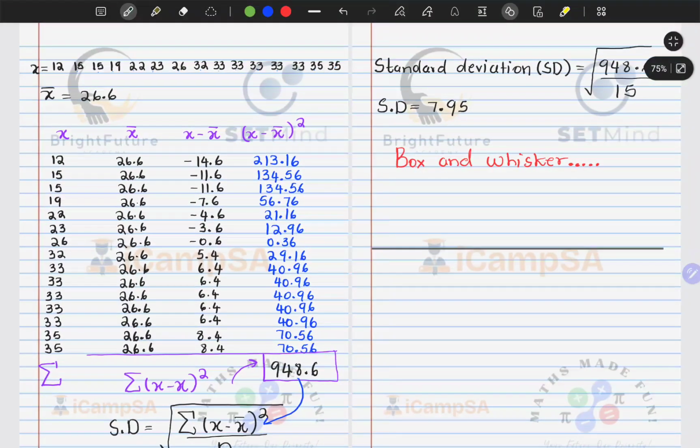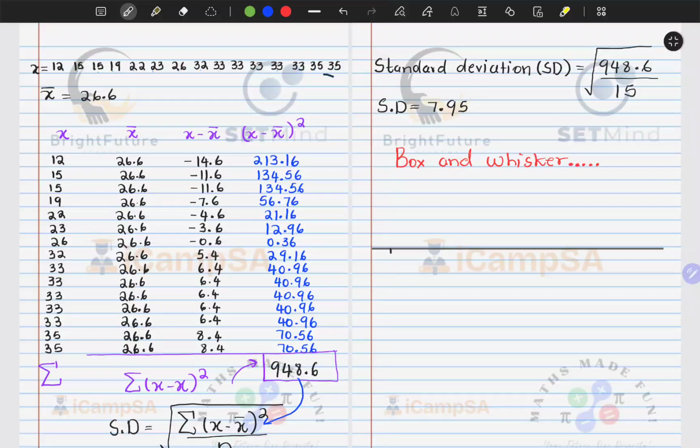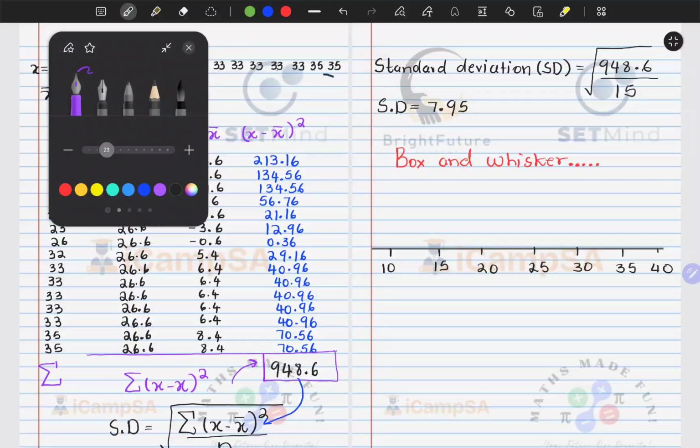I'm going to use, let me see, from 12 to 35. We can use scales of 5, say. So let's put 10, then 15, 20, 25, 30, 35, and 40 there. Okay. So that is good enough.